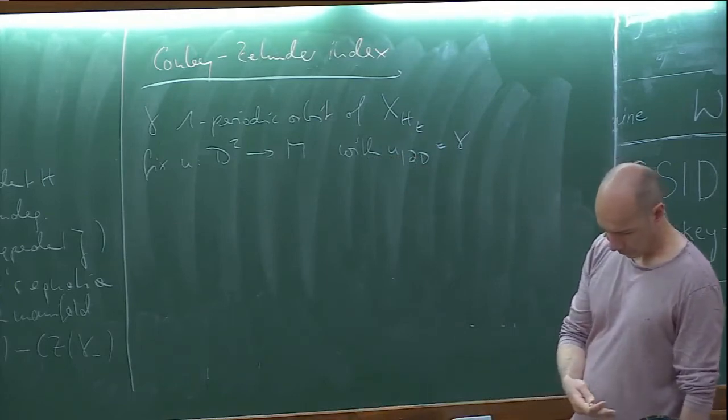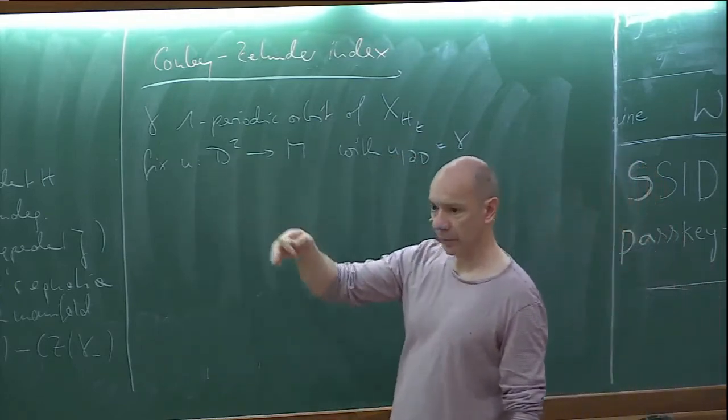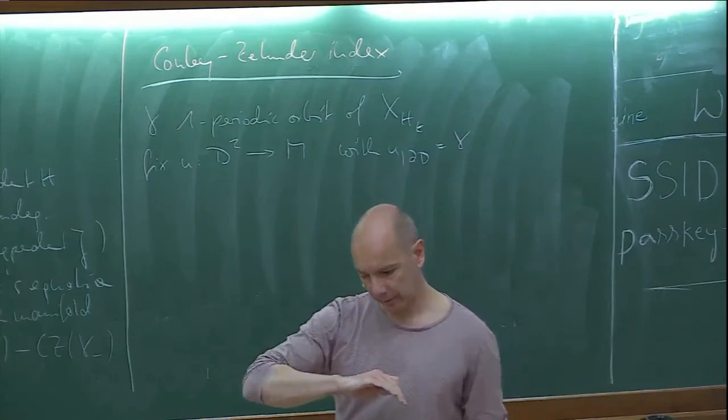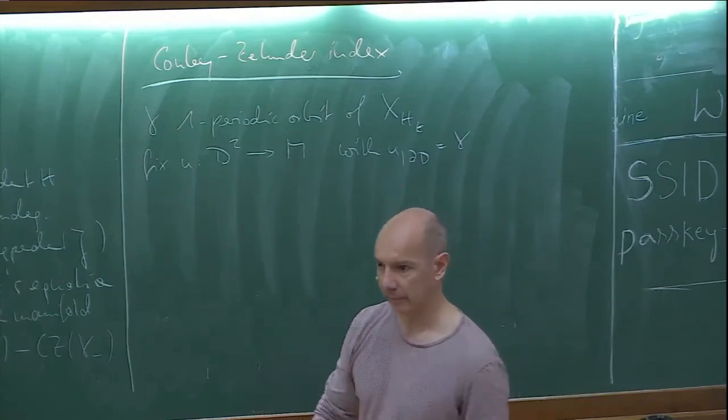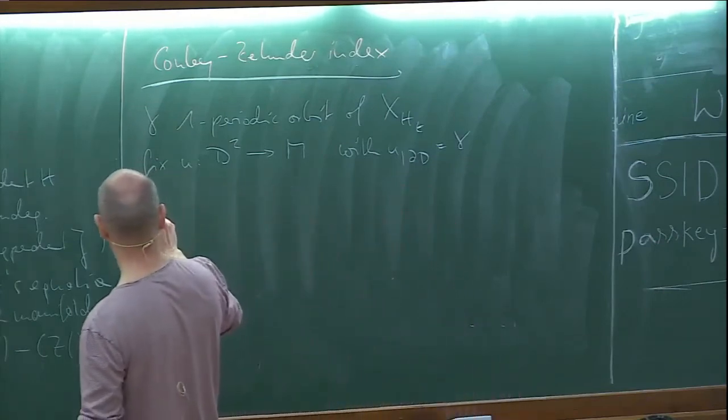Now the disk is contractible, so over U I can trivialize the tangent bundle of M symplectically.